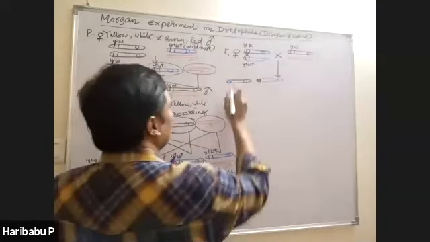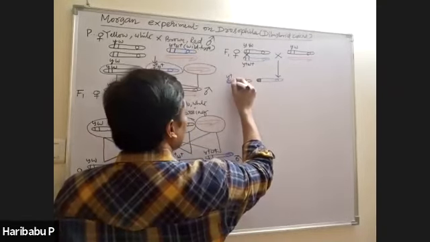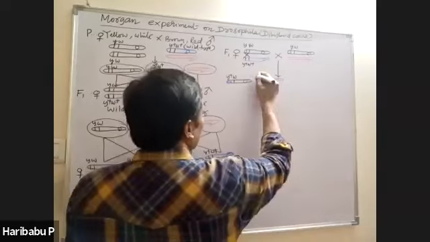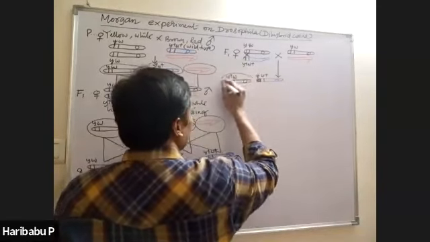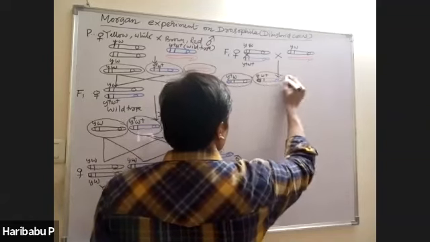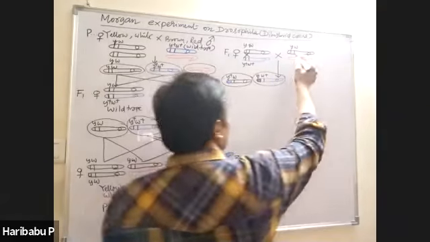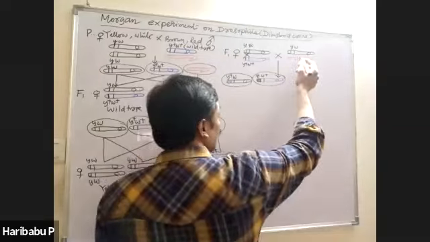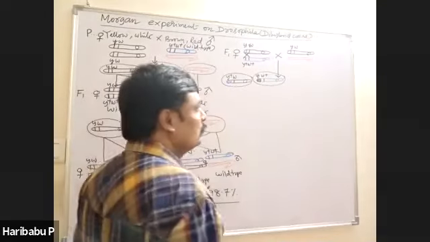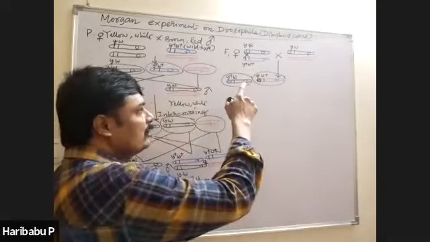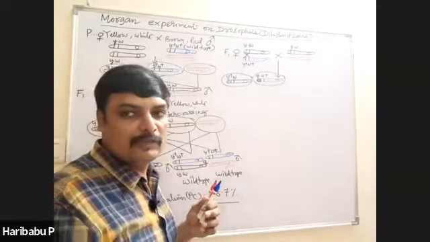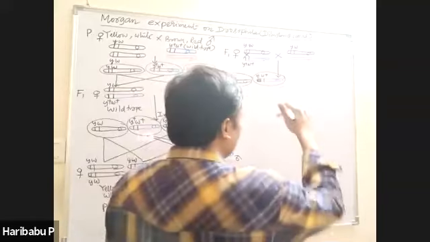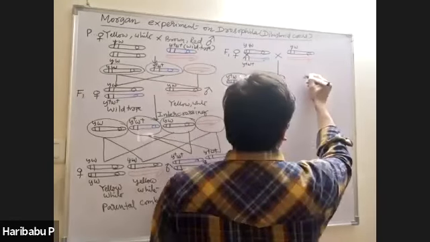Therefore, it is Y plus, here W, here Y, W plus. This is one gamete, this is another gamete. But here there is no crossing over because the X chromosome is different from the Y chromosome. Moreover, the genes related to these characters are present only on the X chromosome. Therefore, no crossing over occurs. Directly you can write the gametes here.